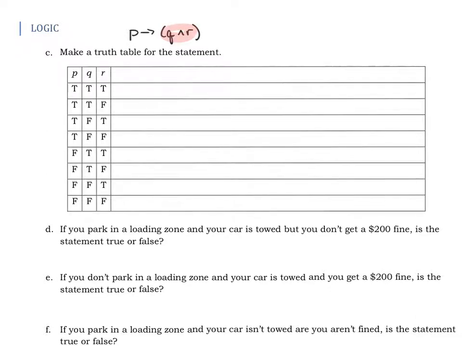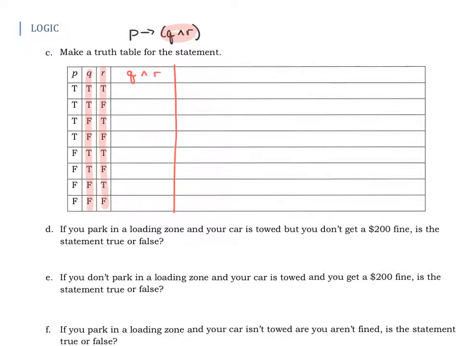And so I'm going to make a column here for Q and R. Okay, so now you're starting to see how I came up with those headings. All right, so we've got Q and R. So again, all we need to look at is the Q column and the R column. Nothing else, okay? Just the Q column and the R column.